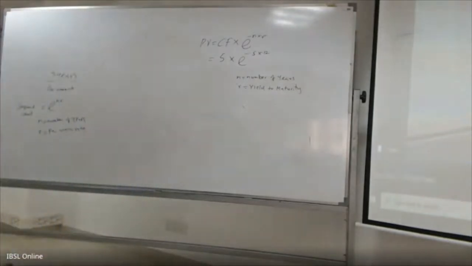Now we have to see how we can calculate e to the power minus 0.06. Your calculator you can use for that. Just calculate e to the power minus 0.06. E is there on the calculator, in yellow. If it is in yellow, you can press the shift button and then get it.